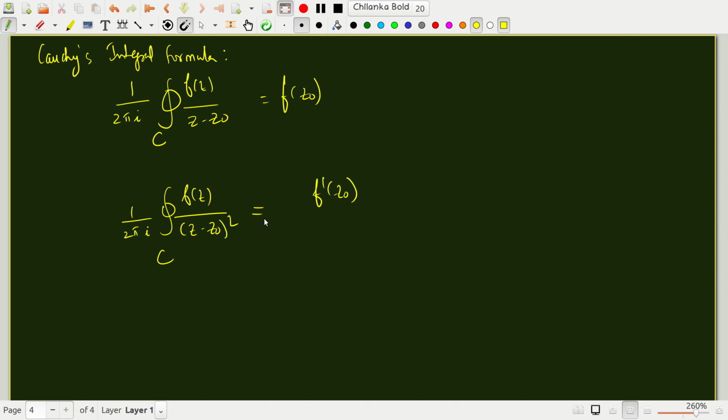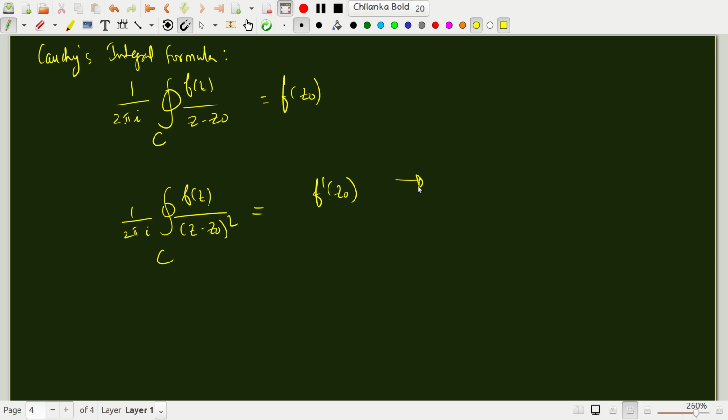Now you can argue many ways. One simple way to go from this expression to this expression is to differentiate both sides with respect to z0. Remember, in this integral z is the variable, z0 is a constant, so you can differentiate on both sides. You can pull the differential inside the integral, and then you will find that this gives this.